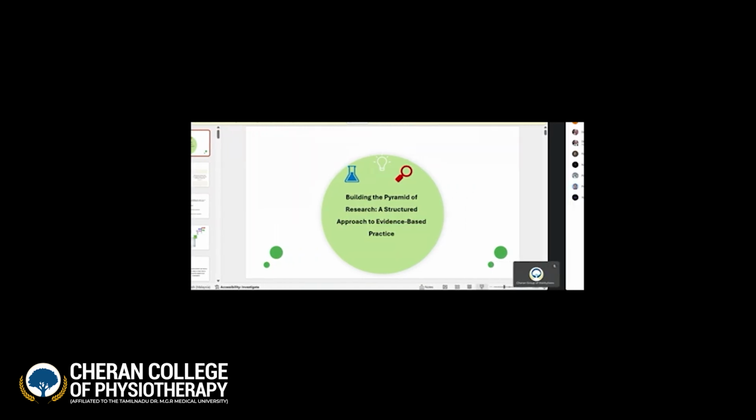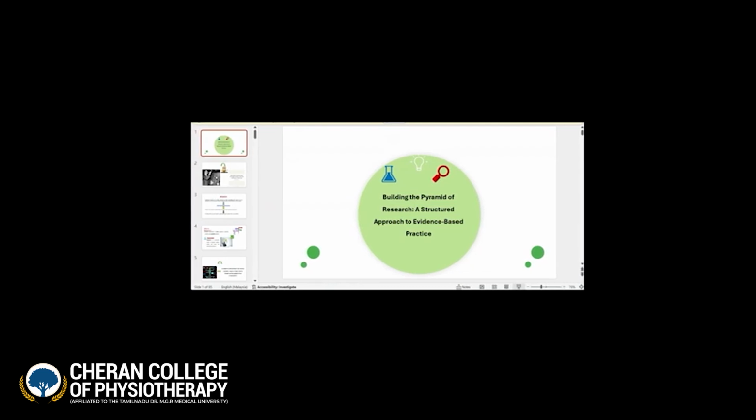No matter whether we are a student who has to produce research to complete our degree or dissertation, or an academician who needs to give evidence of research, publish research, or teach students based upon evidence-based practice, evidence-based practice has become a day-to-day practice for all healthcare professionals.